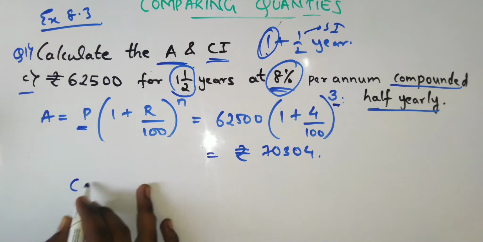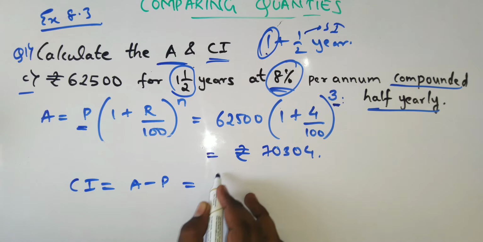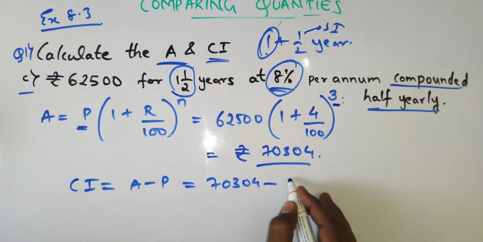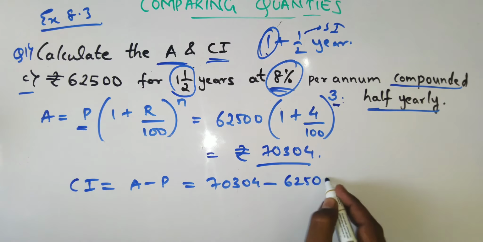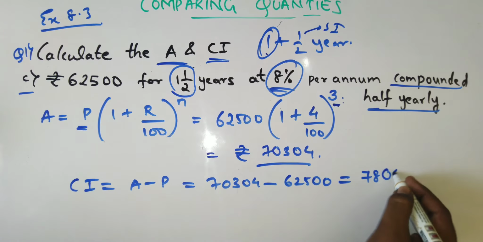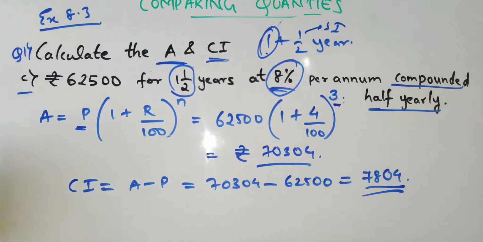Now what will be my CI? CI becomes A minus P. What is A here? A is nothing but this minus P. What is P here? 62,500. When I subtract this, I'll get the answer as 7804 will be my CI. So I got CI as well as amount.